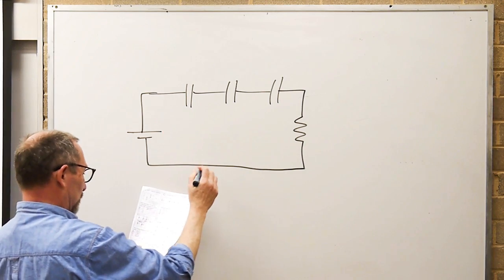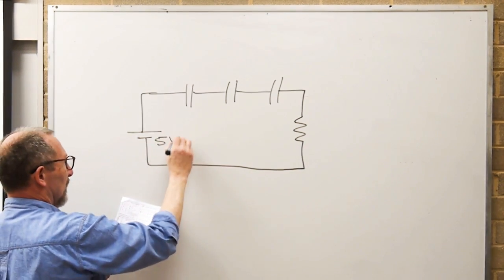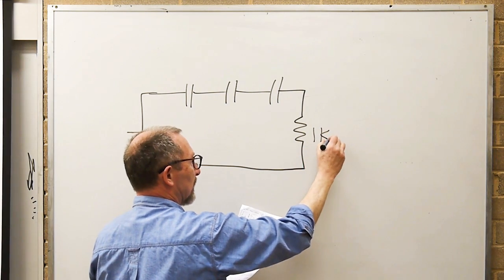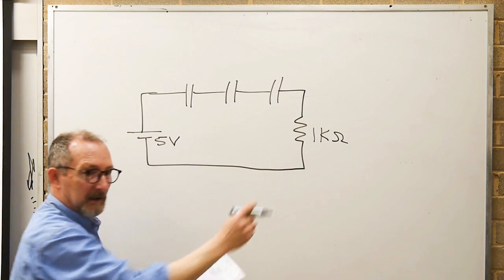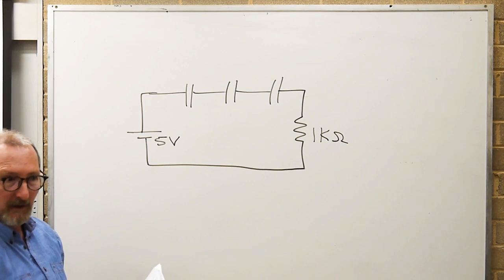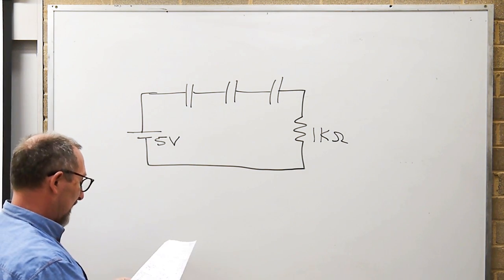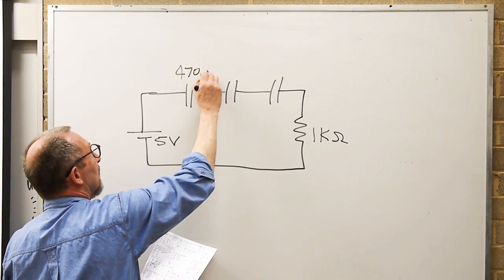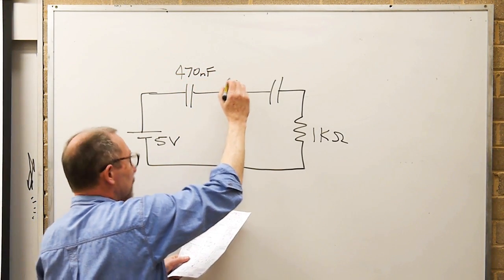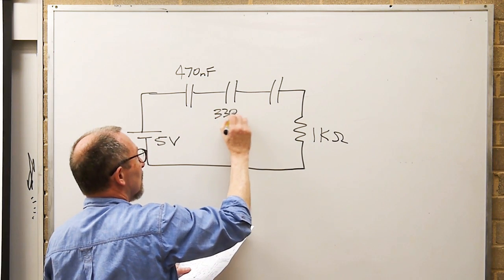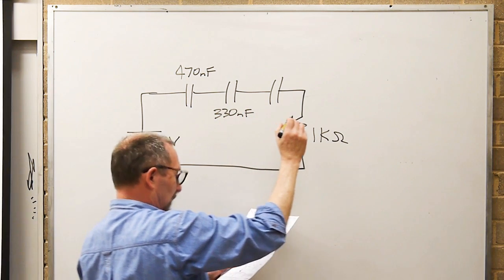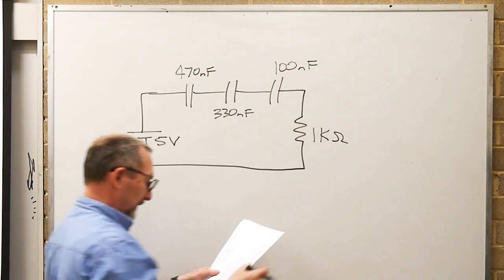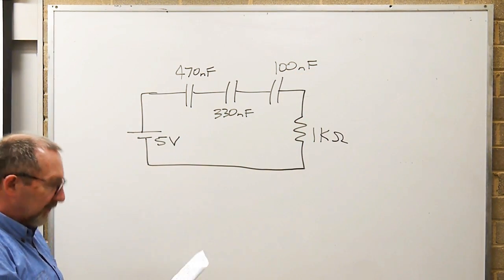We've got a circuit with 5 volts being applied via a 1k ohm resistor to limit the current while charging the 3 capacitors. The capacitors were rated at 470 nanofarad, 330 nanofarad, and 100 nanofarad. And the question said, what's the total capacitance?